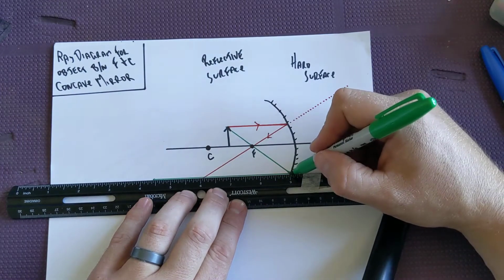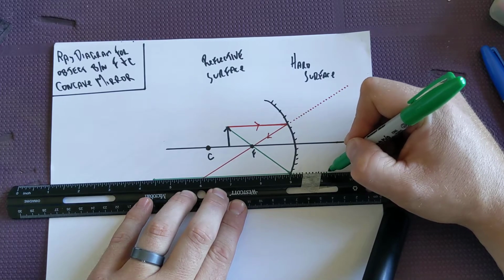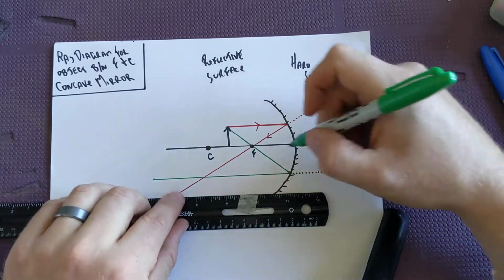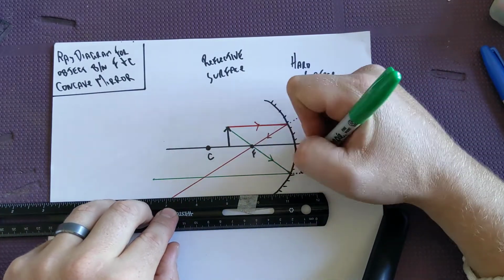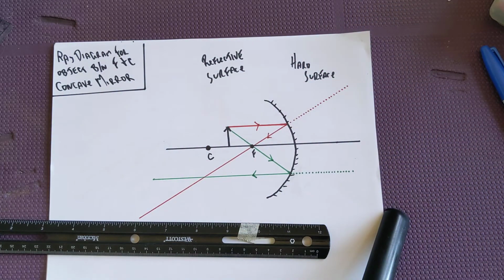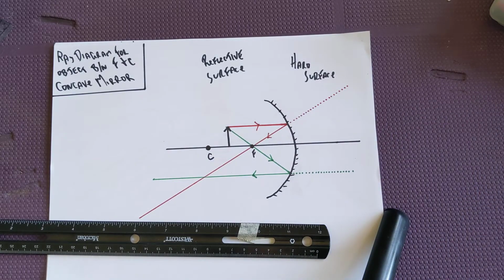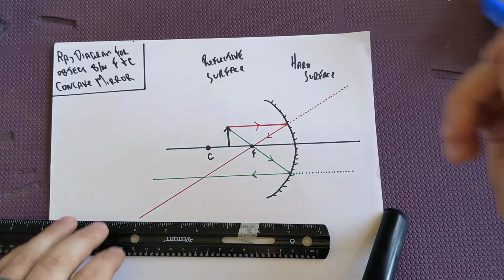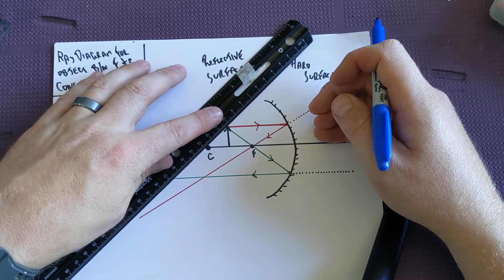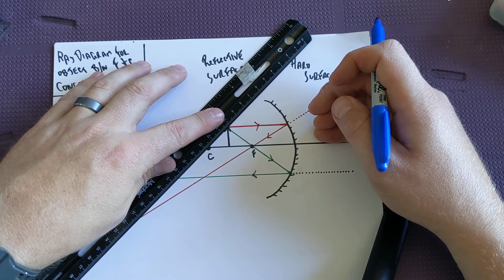Okay. And again, our reflected rays, we're going to draw these lines behind the mirror. So the reflected rays travels this way and bounces off that way. And then our third ray is going to travel through the center of curvature and the point.